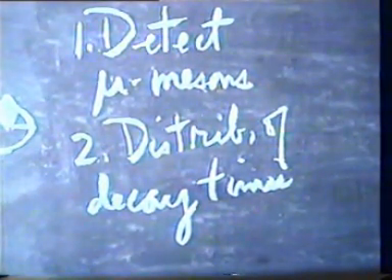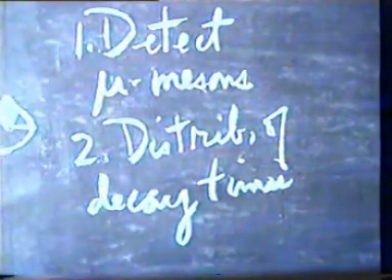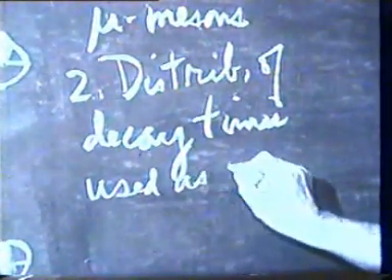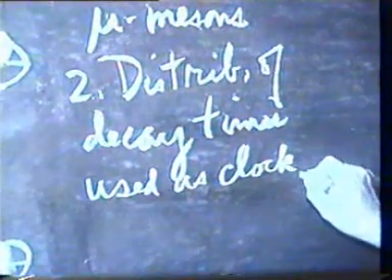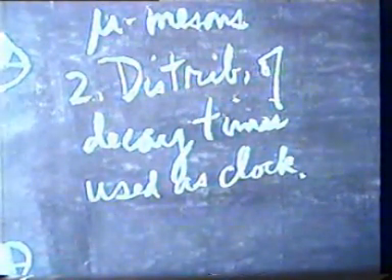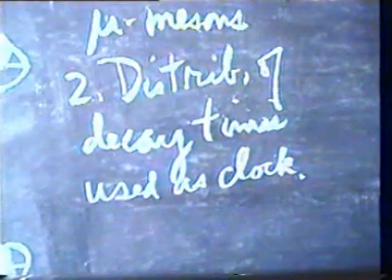As you'll see, this will enable us to use these mesons to measure time intervals. So, distribution of decay times used as clock. Finally, we'll use these meson decay clocks to measure time dilation.